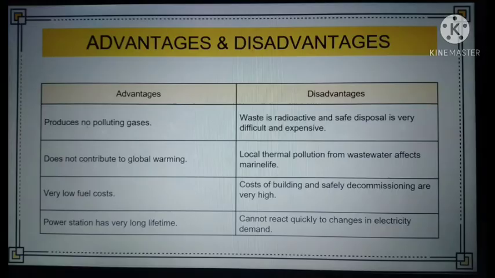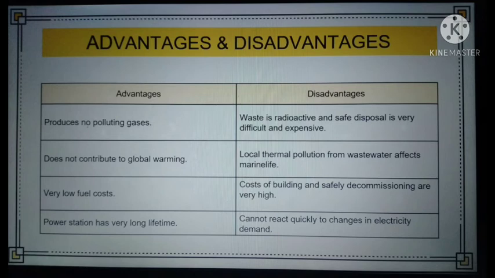Despite potential drawbacks and the controversy that surrounds it, nuclear energy does have a few advantages over some other methods of energy production. It produces no polluting gases, does not contribute to global warming, has very low fuel cost, and the power station has a very long lifetime.